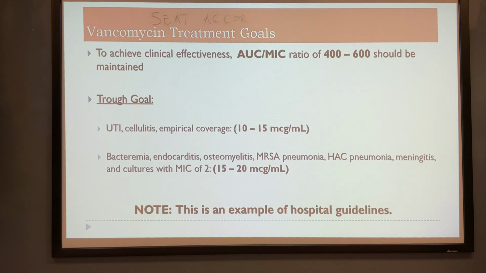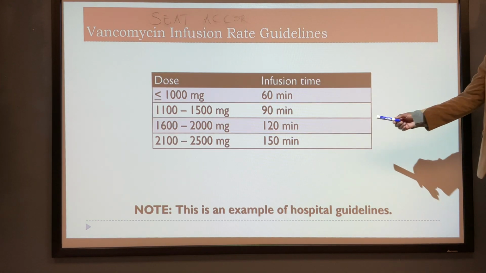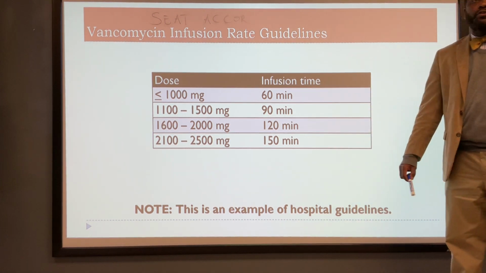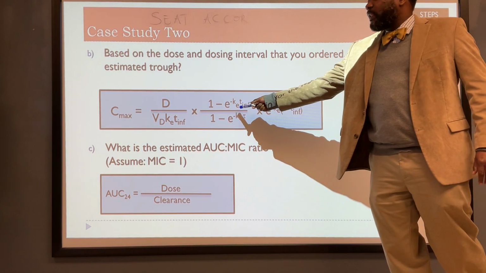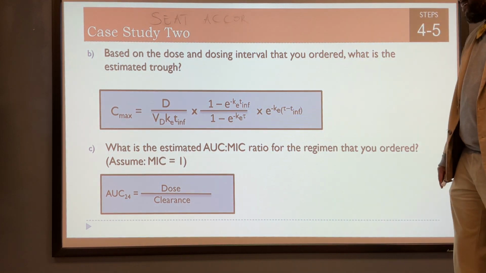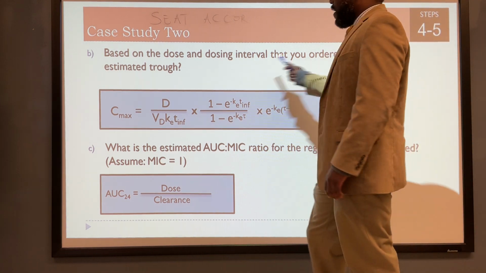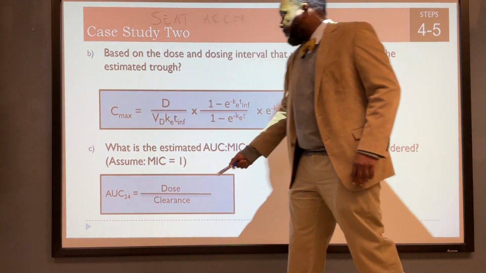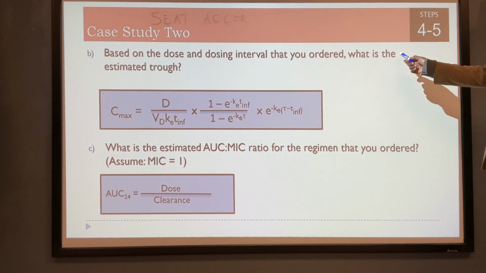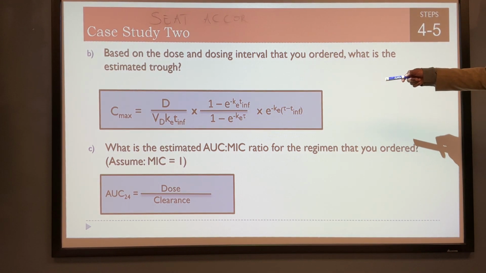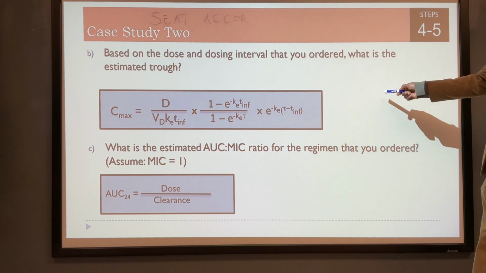So if they're 1500 Q12, then we're talking about a 90-minute infusion. So if we did that, we should be able to calculate what their, this should say C-min. I asked for trough, so that should say C-min, but that is the C-min equation. Okay. So you should be able to calculate what that trough should be.